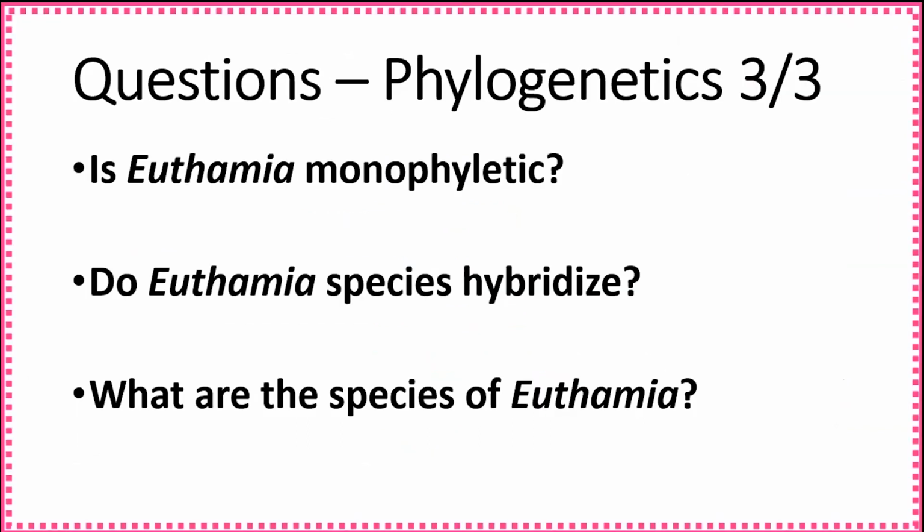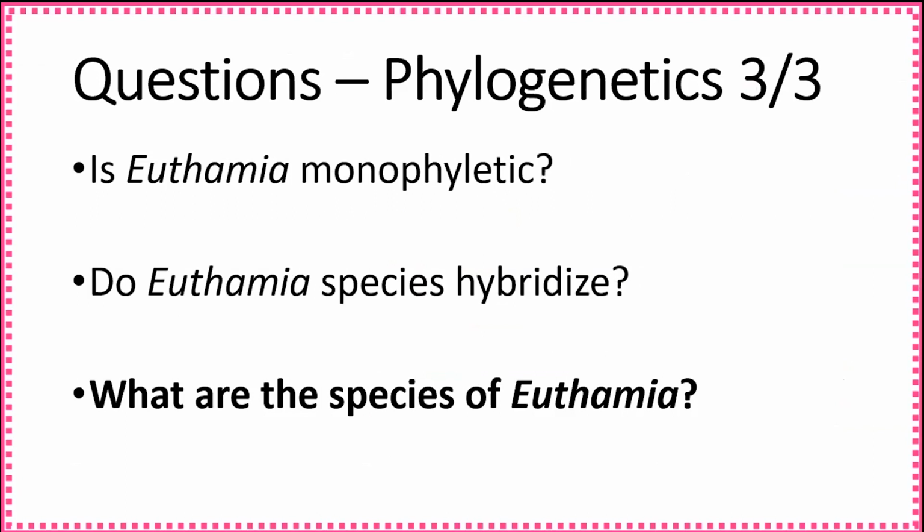So this comprises our third set of phylogenetics questions, which is if Euthamia is even monophyletic, and we want to find what the species are in this genus, and whether there's hybridization among these species within Euthamia. I'm going to come back to this final question about what the species are of Euthamia later and address it at the very end here.